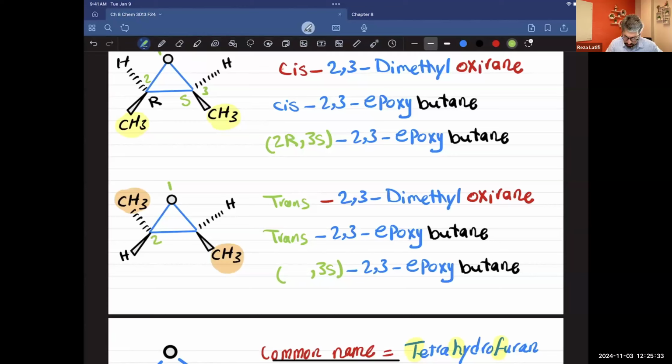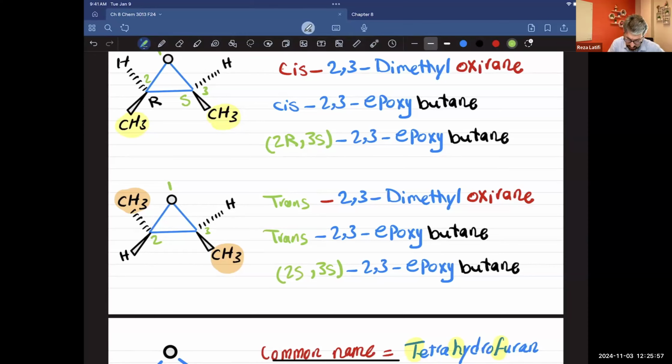So I go 1, 2, and this one will be 3. Now, if we look at the priority, this is going to be number 1, that's going to be number 2, this one will be number 3, and that's number 4. So if I follow the numbers, it's supposed to be clockwise. Hydrogen is facing toward us, so this one will be S. So we get 2S,3S.